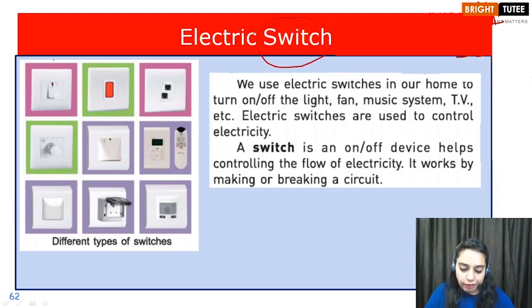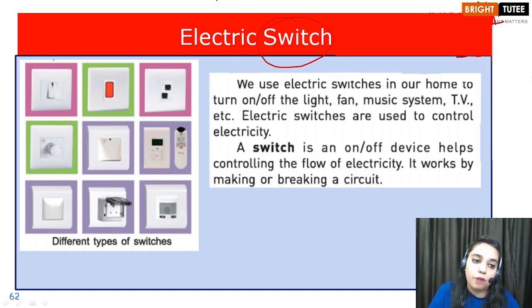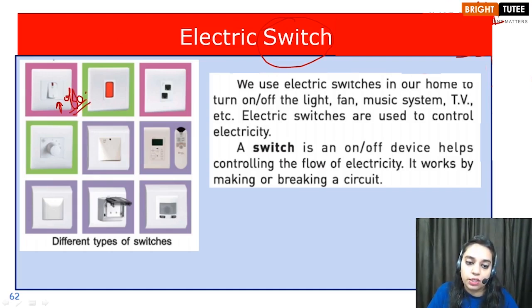So children, if we look at the term electric switch from a layman's perspective, it just turns an electrical device on or off, right? That's what we say every day: switch on the light, switch off the light, switch on the air conditioner. Have you given a thought, children, what do we mean when we say a switch is on?